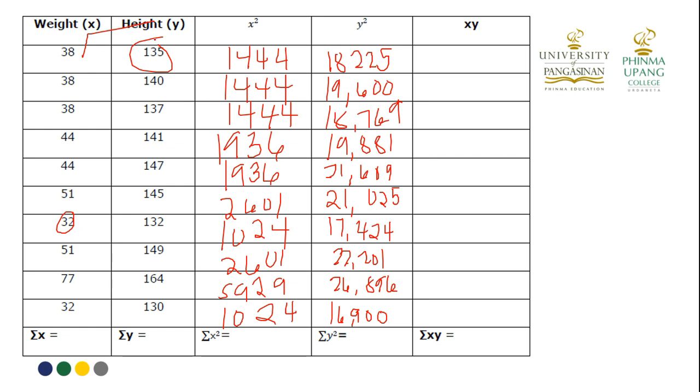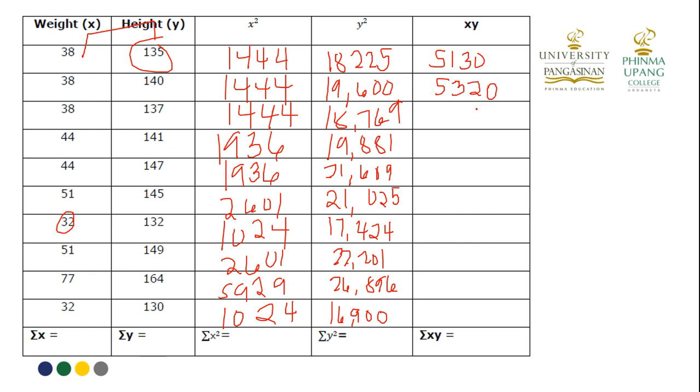XY, 38 times 135 is 5,130. Next, 38 times 140 is 5,320.